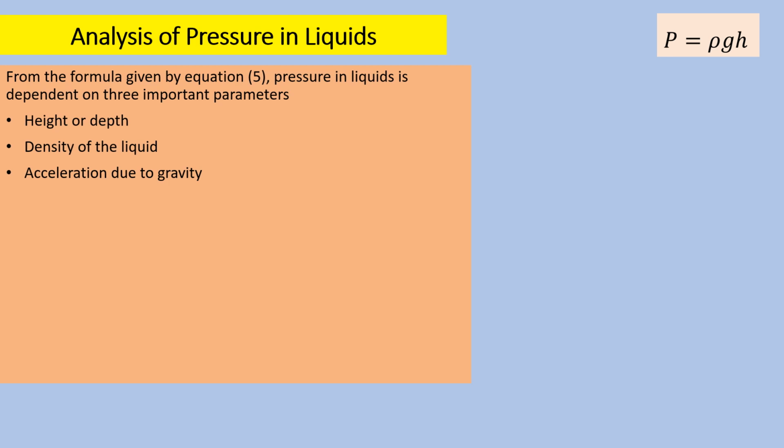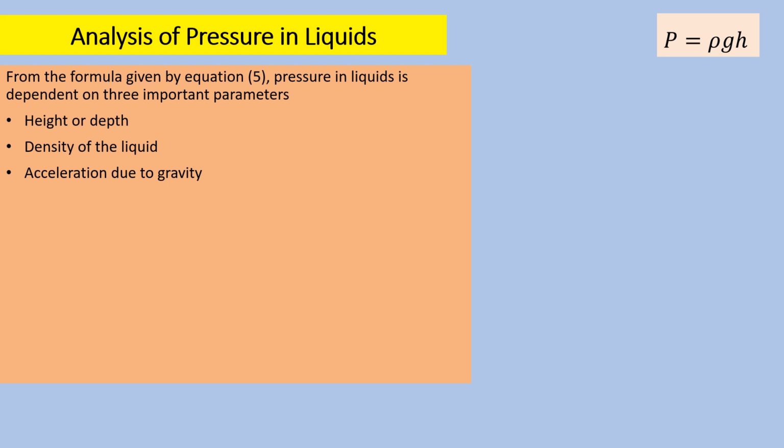So in liquids, pressure depends on height, on the density, and also on the acceleration. That validates the next activity as to why we are now analyzing how density or height affects pressure in liquids, or even the acceleration due to gravity.